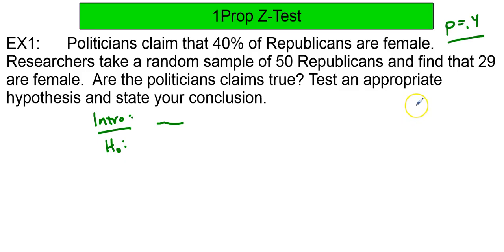Also, we can estimate or actually find standard deviation in this case by taking the square root of P times Q over N. So we can find the standard deviation and therefore the population standard deviation, and therefore this is a Z-test. So this one in particular would be 0.4 times 0.6 is Q over N. And our N is going to be 50 Republicans.